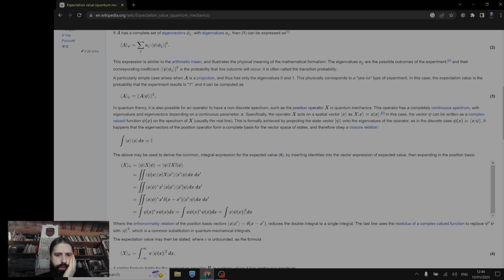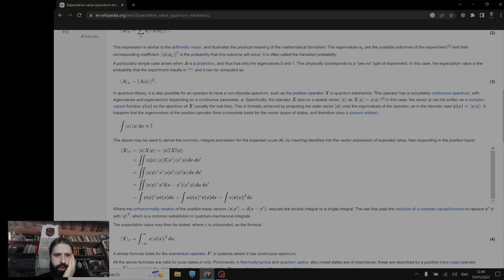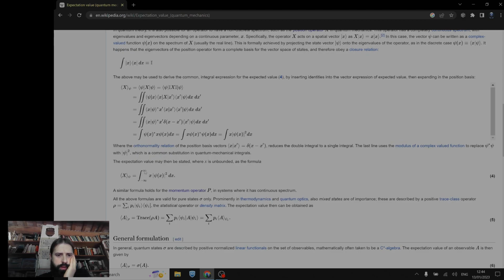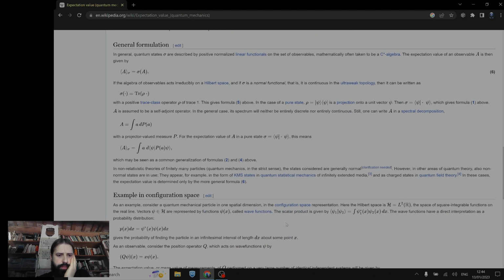Because from a purely position perspective, the common integral expression of the expectation value may then be stated like this. General formulation.